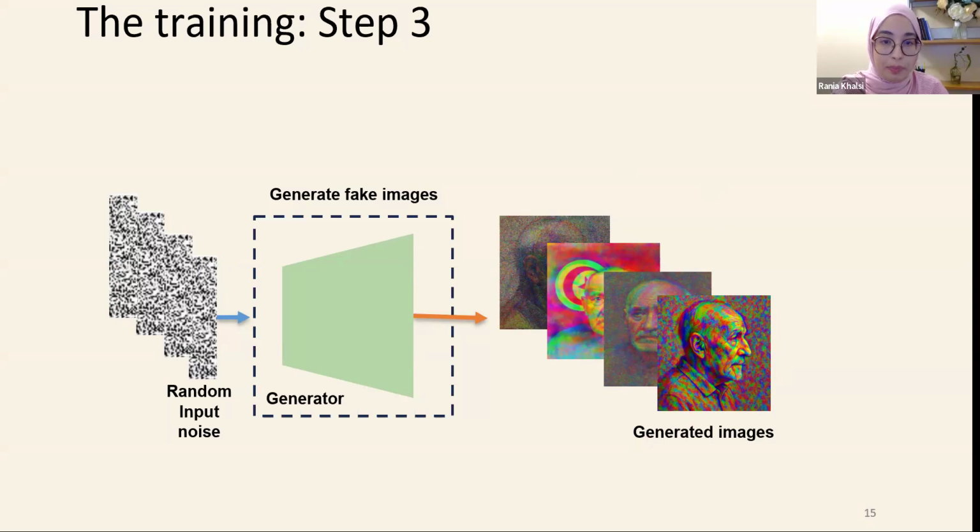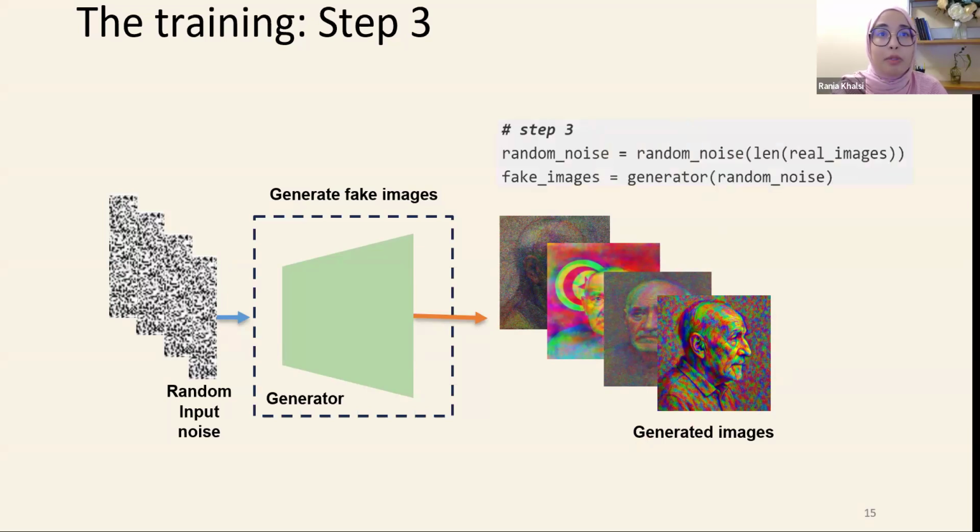So how to write this in terms of code? Again, what is this random noise? The random noise is just the length of the real images. For example, if we have 10 real images, then we are going to generate 10 random noises.